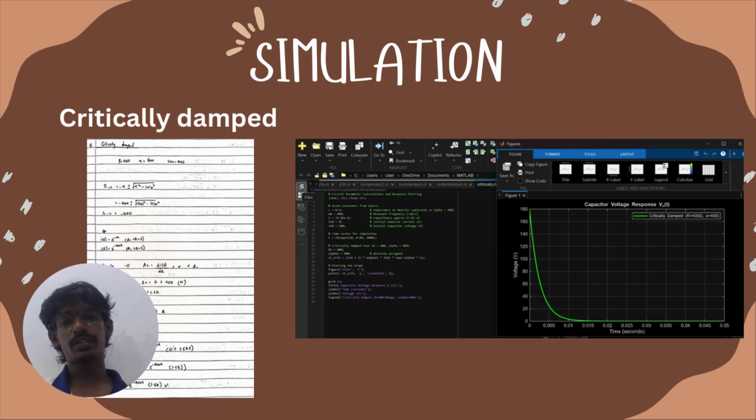As you can see, we are taking the circuit parameter calculation from our equation and answers, and we are taking the time vector, and we are putting in the critically damped formula and answers. Lastly, we are plotting the graph based on our answer, and we are getting the graph going top and then going down.